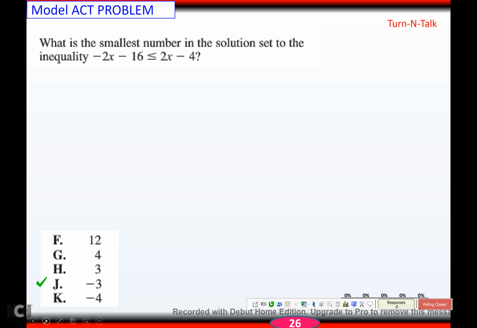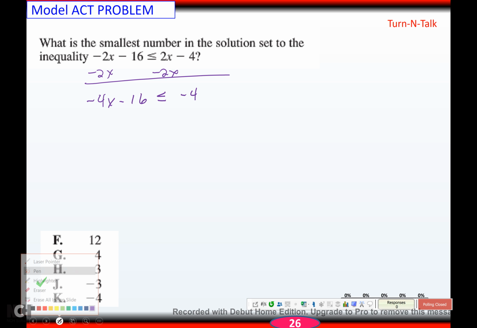What is the smallest number in the solution set to this inequality? Well, I got to get x alone. So I'm going to move this x term over, which gives me negative 4x minus 16 is less than or equal to negative 4. So I'm going to add 16. I get negative 4x is less than or equal to 12.